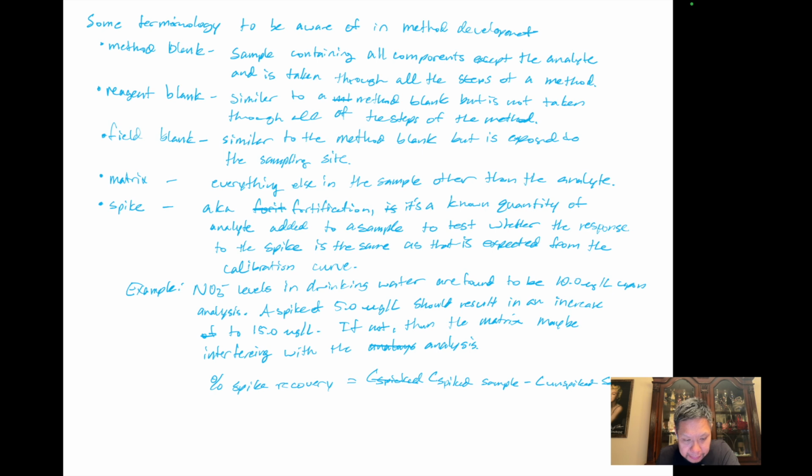All that divided by the concentration added times 100%, or times 100 to get a percentage.